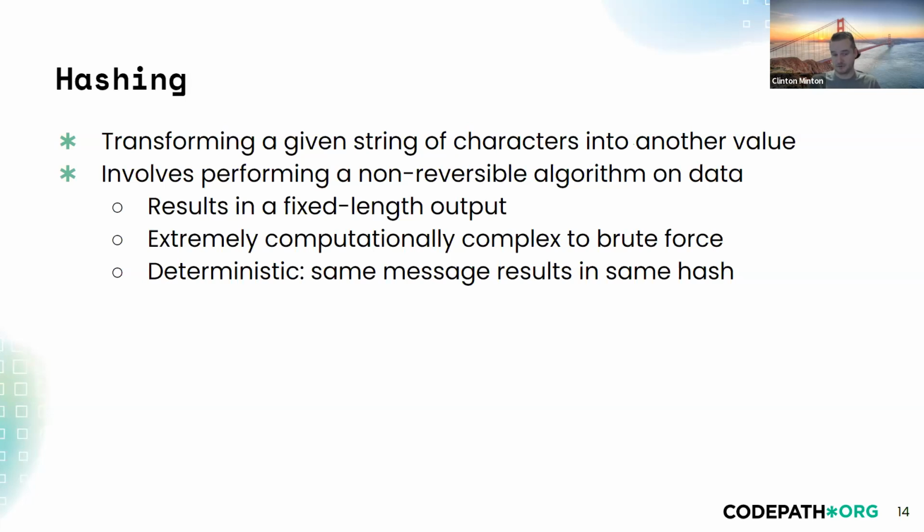Some of the attributes: it's going to be fixed length again, and it's got to be something that's very computing intensive, so that it makes it very cost ineffective to try to brute force everything.